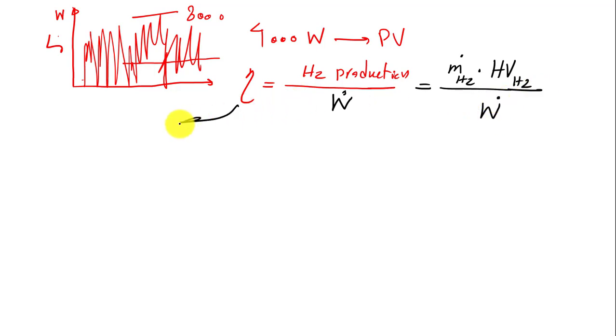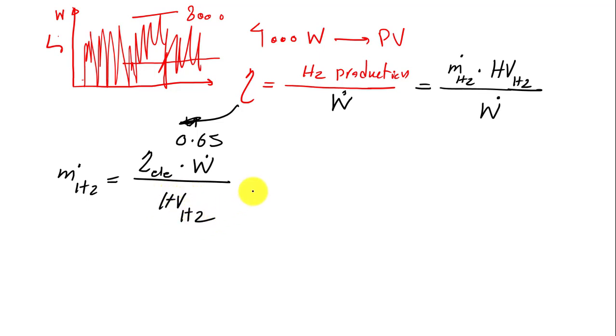Most electrolyzers from companies, if you search them, you will see something around 65%. So in this case, m dot hydrogen is equal to the efficiency of the electrolyzer multiplied by W dot divided by the heating value of hydrogen.